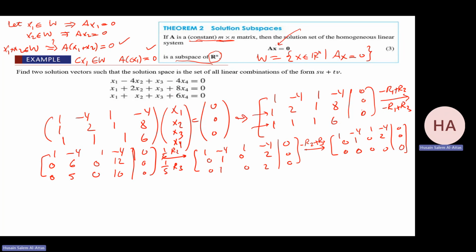So now I have this system, which I can return back as equations to see how we can solve it using back substitution. This one is easy: x2 plus 2x4 is equal to 0. Let me tell you the idea.